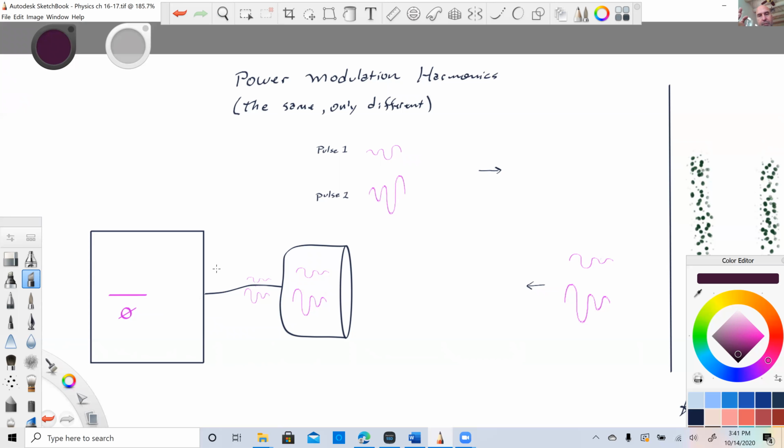Two pulses, first pulse, second pulse. You notice that the second pulse is twice as strong as the first. Same frequency, same wavelength, but twice the amplitude. And they go in, and once again, they'll hit something and come back. And they go all the way back into the transducer, which produces different voltages. I'm going to put a V there as well.